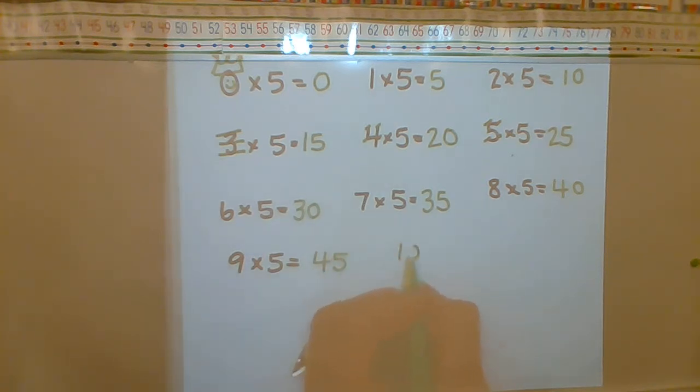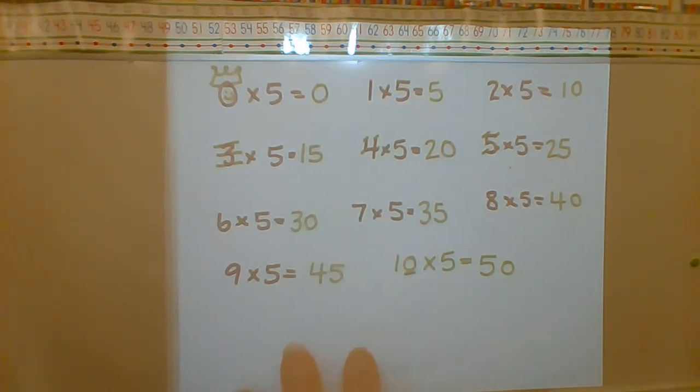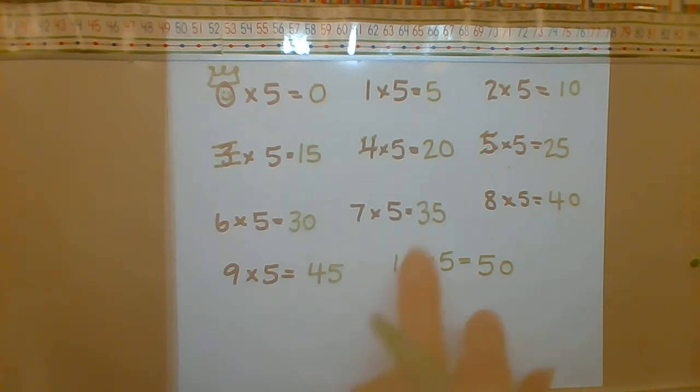And what if you had 10 groups of 5? Remember, anything times 10 stays the same. Bring the 0. That's right, it would be 50. Okay? So here we really did just count by fives. So when you are multiplying by fives, you're counting by fives.